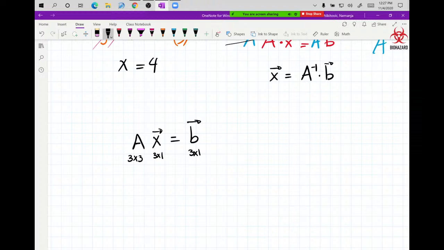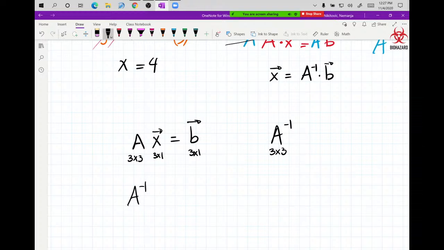A 3 by 3 matrix guarantees 3 equations, guarantees 3 variables, so you have x, y, and z in the vector x. Then your inverse matrix must be 3 by 3, because an inverse matrix is a square matrix, and it's going to go in front of each one of these.